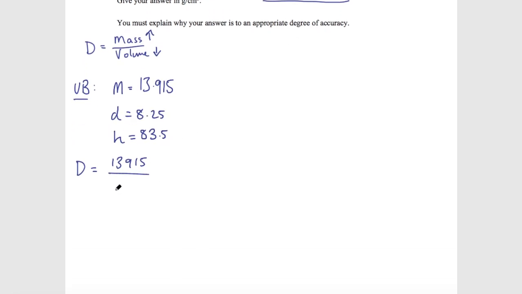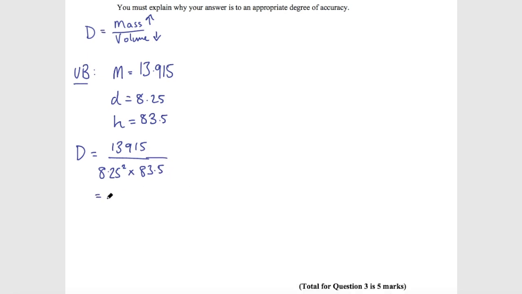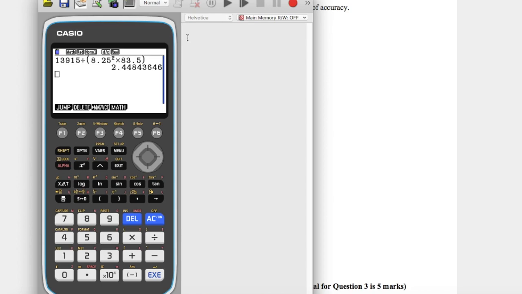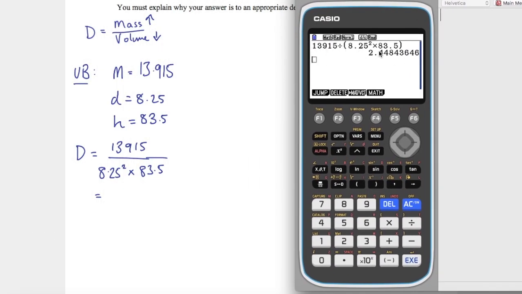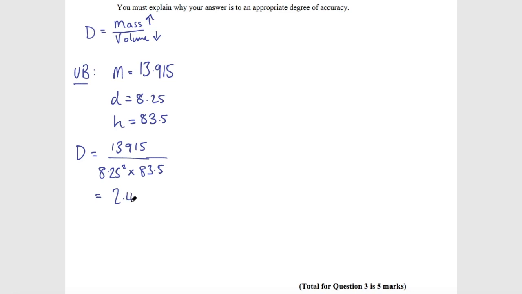So d squared, 8.25 squared, times the height, 83.5. If we take the calculator out, that will give us 2.448, which rounds off to 2.4.